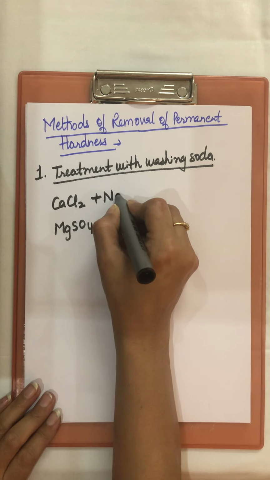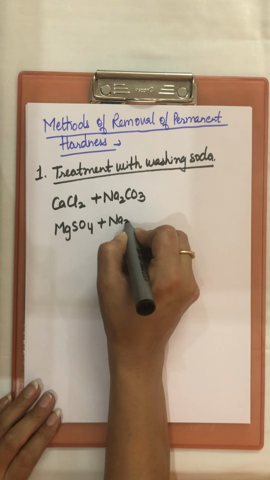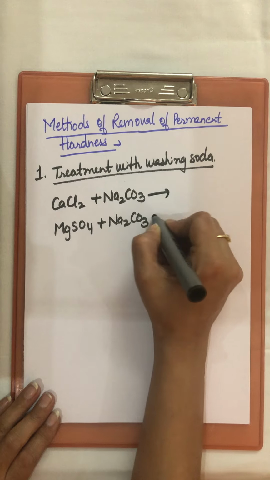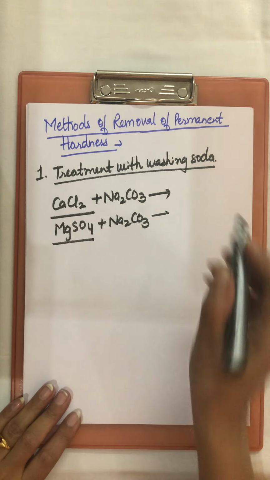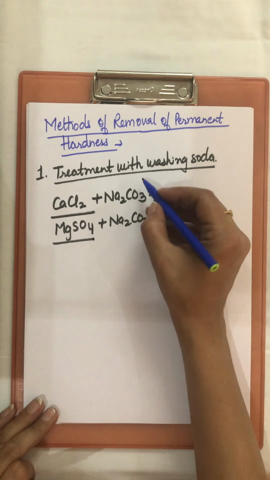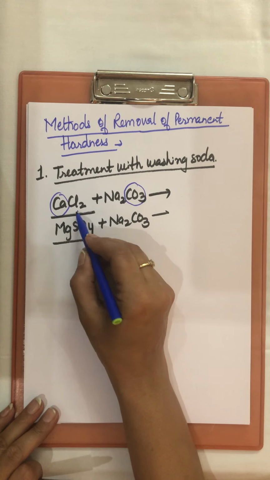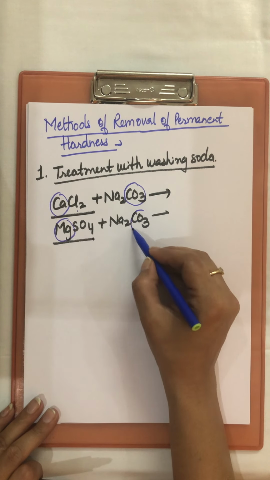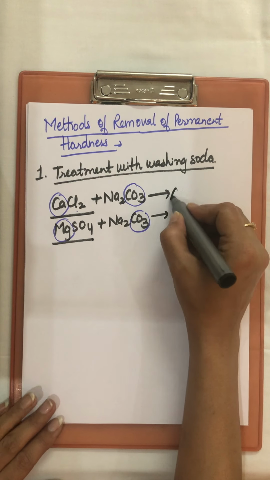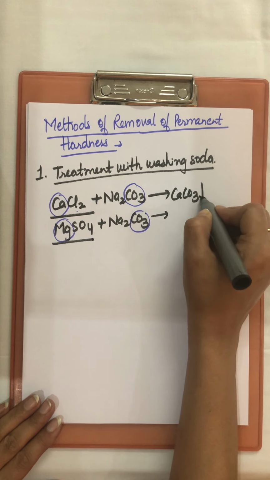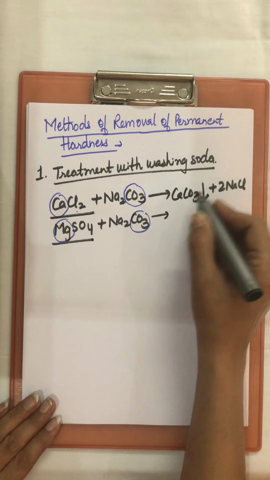So to this permanently hard water, when we add washing soda, it will react with these salts which are causing the permanent hardness in water and change these to calcium carbonate and sodium chloride. Similarly here, magnesium carbonate will form and sodium sulfate will form. Calcium carbonate is always insoluble as precipitates in this water.